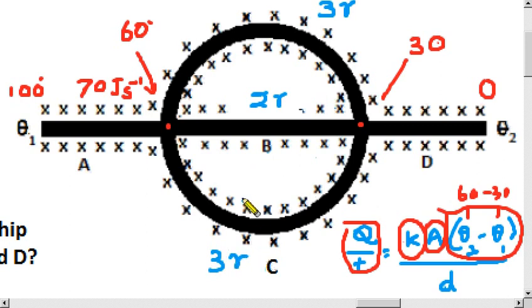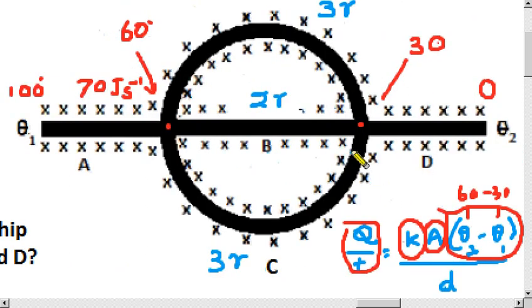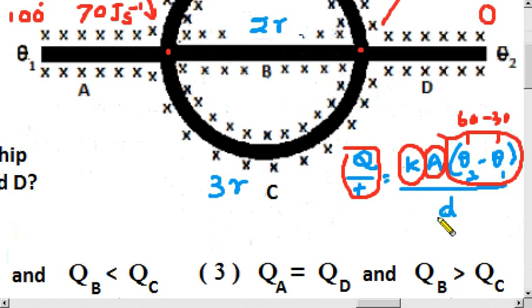So the ratio must be inversely proportional, because the D is at the denominator. So the shorter rod conducts more heat. The shorter rod conducts more heat due to this D is less than others. So this Q value rises up.